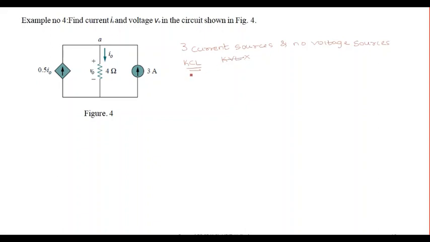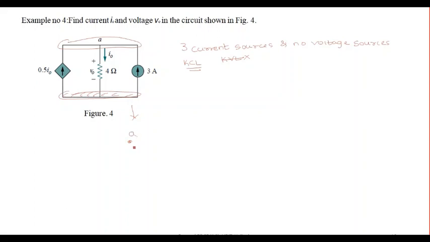So how to apply KCL now? First you understand how many nodes are there. So we see that there are two nodes. This is the one common node what we have, and this is also another node what we have, right? So I can redraw this circuit like this.